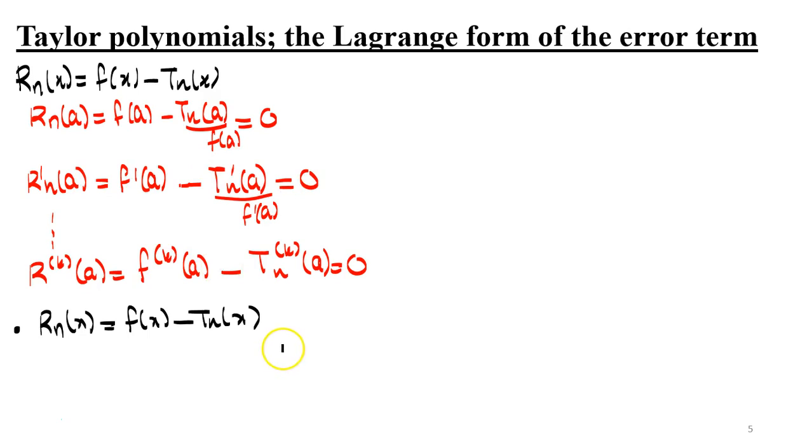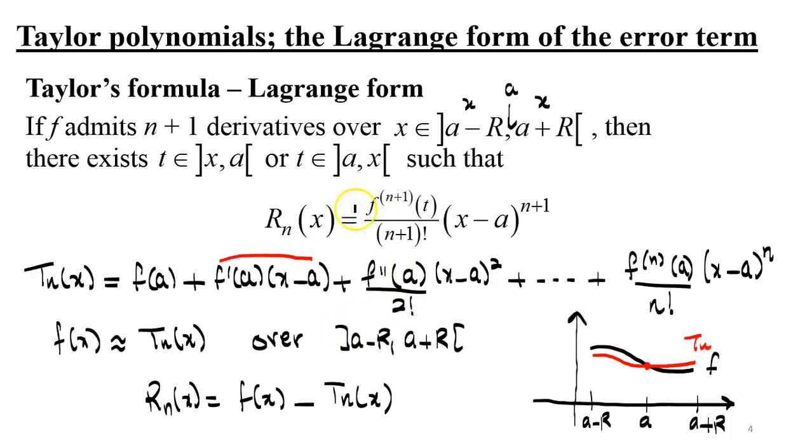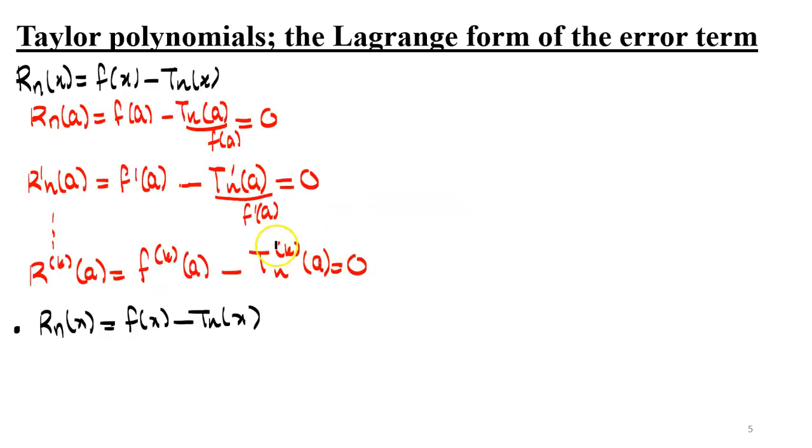Now, I find the derivative of each term in this expression all the way to the n plus 1 derivative. Why is it so? It's because the Lagrange form of the error term includes the derivative of order n plus 1 of f. So I need to differentiate this all the way to the derivative of order n plus 1.